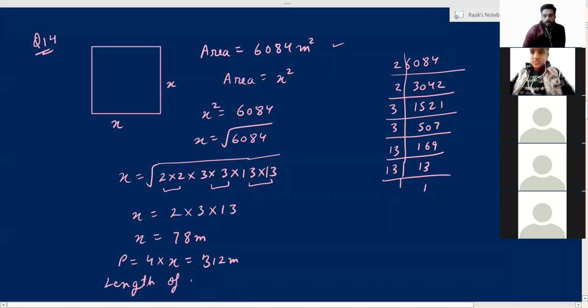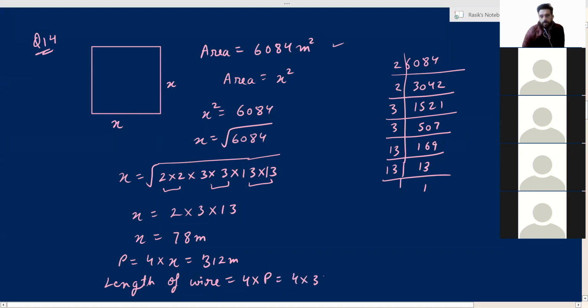So length of wire is equal to 4 into perimeter, that means 4 into 312. It gives you 1248 meters. This is the final answer. Got it, everyone? Yes, sir.